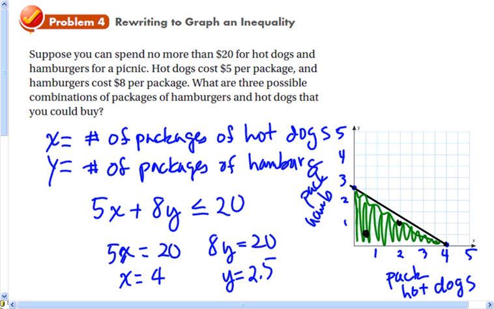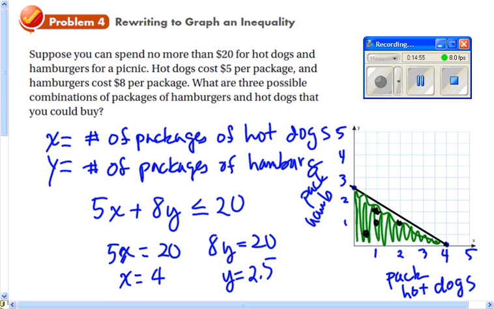Here's another place. I could buy 2 packages of hot dogs, 1 package of hamburgers. There's another spot. I could buy 1.5. Oh, that's a half, so I can't do that. So 1, 1. Remember, they have to be whole numbers. So then all the possibilities are in that shaded region. I'm going to pause now because I'm running out of time. There'll be a second part to this.